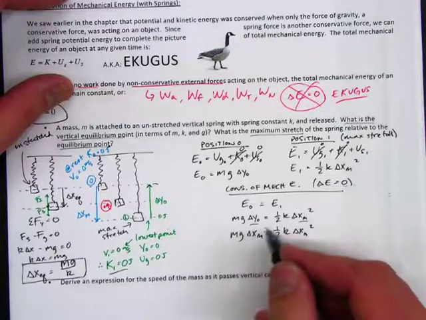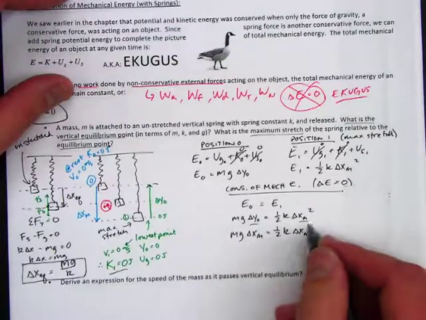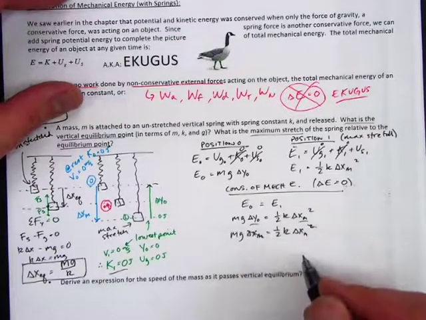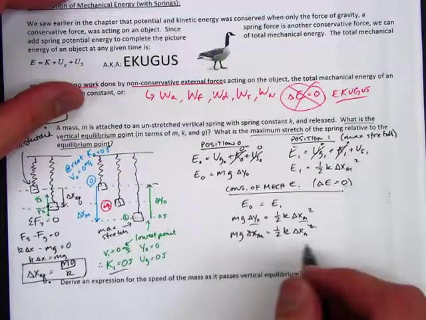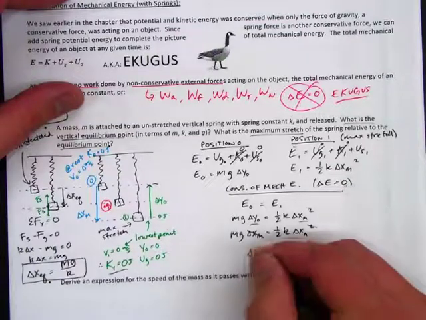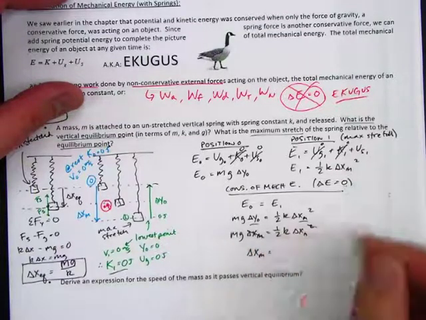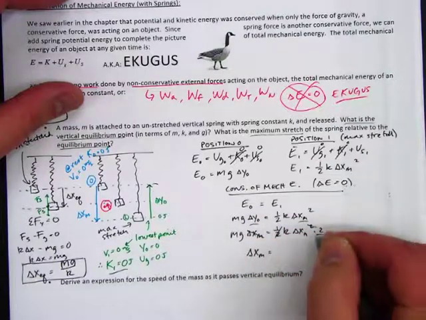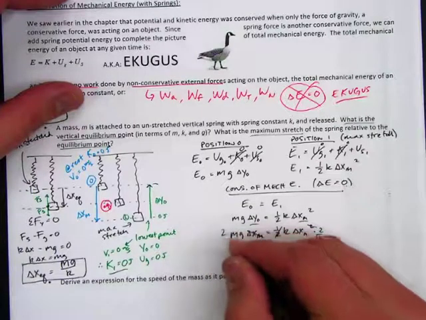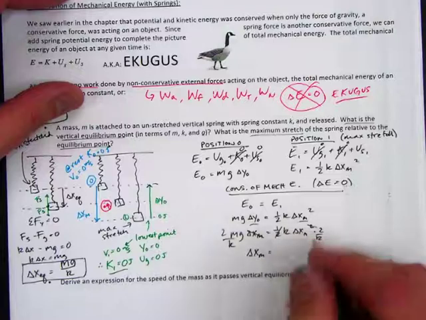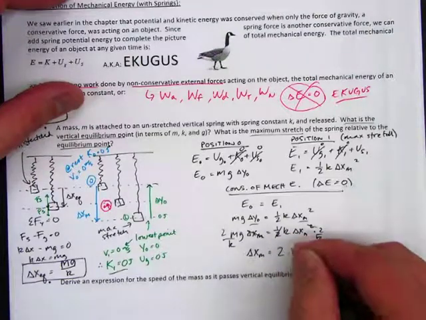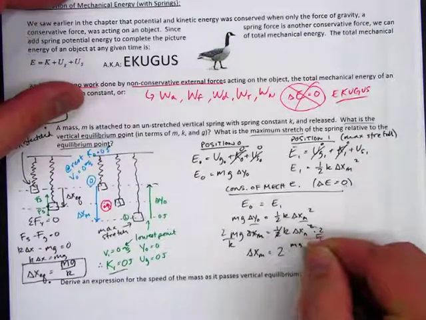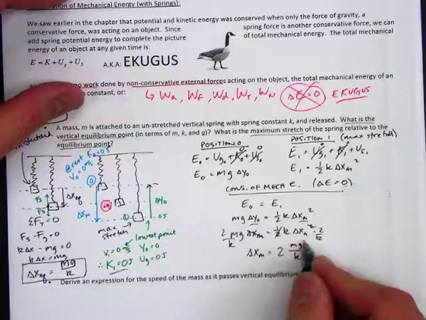So in here, now I get this cancels with one of these. And if I solve this for delta x max, I'll multiply by 2, divide by k, and I will get that delta x max is 2 times mg over k.